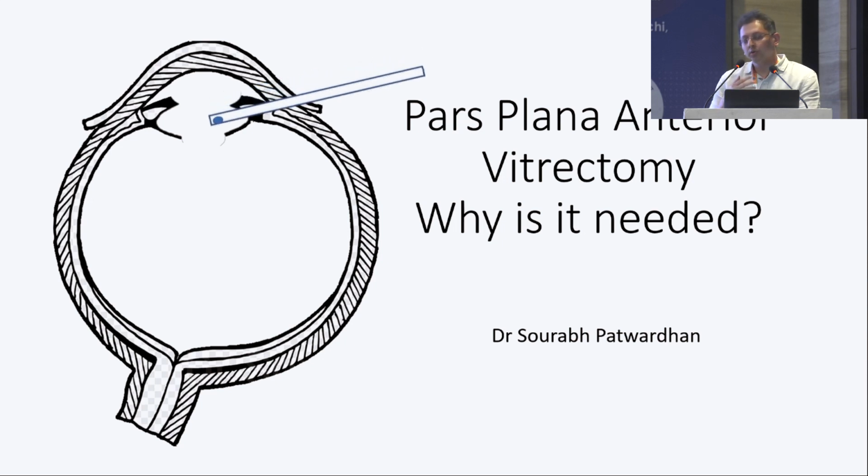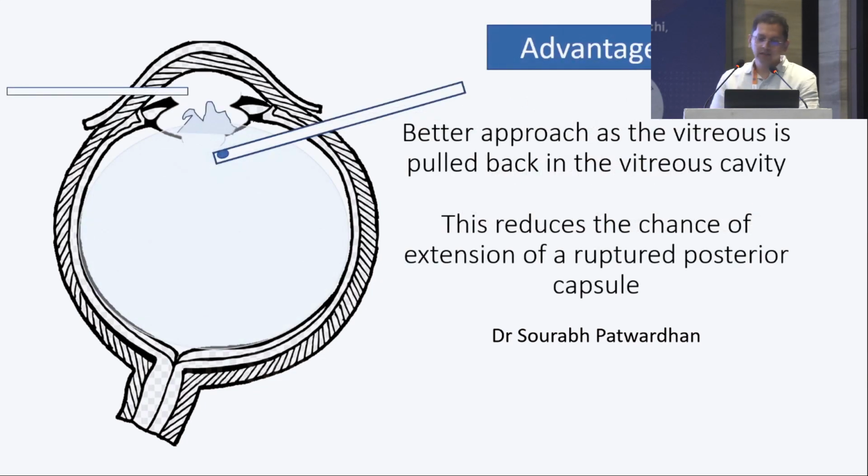The thought process behind going through pars plana is this: when you go from a posterior approach, it might be better, because ultimately what the vitrectomy probe does is pull the vitreous and cut. Of course, with higher cut rates and lower duty cycles the traction is going down and down, but still it is pulling out the vitreous a little bit.